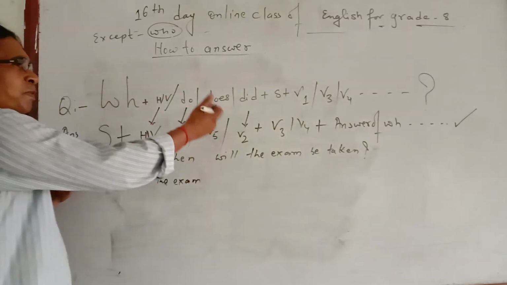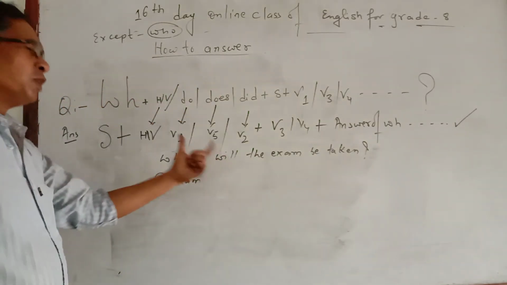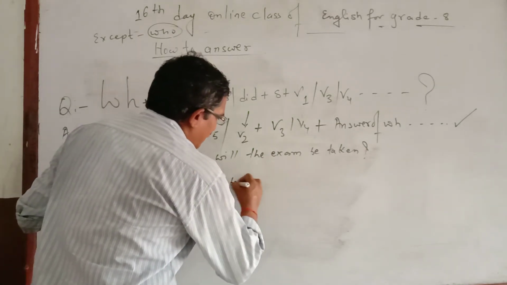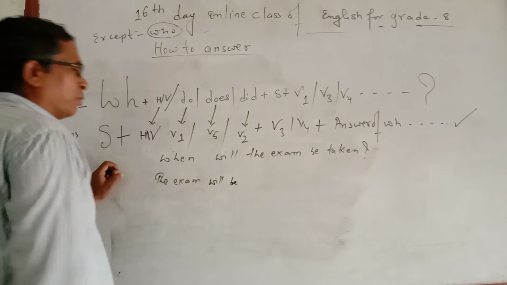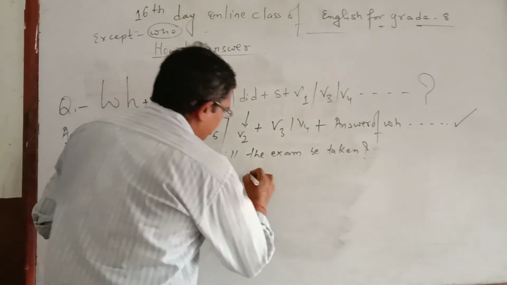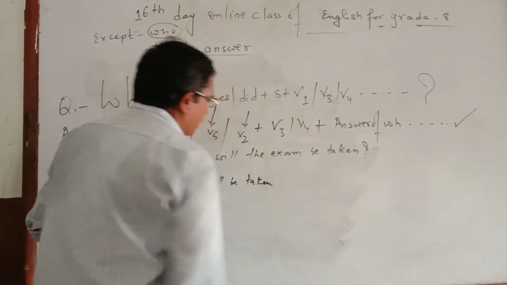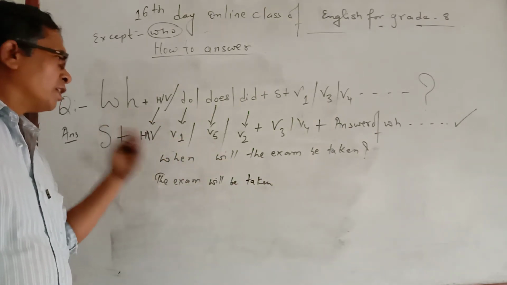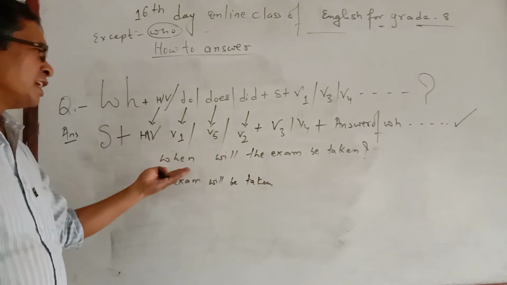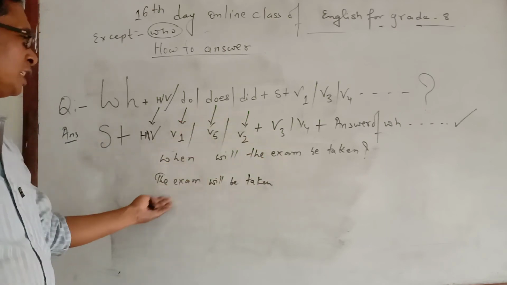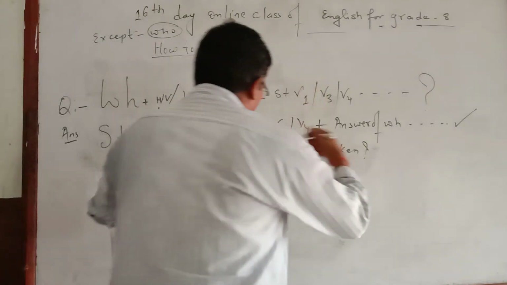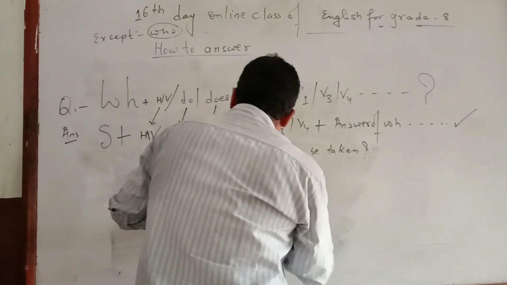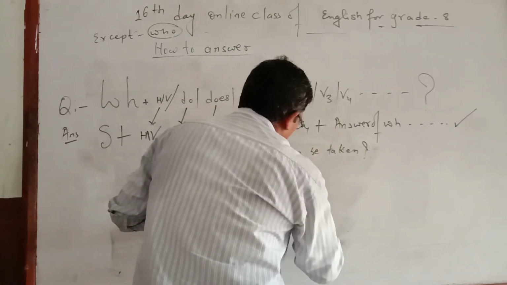After that, which helping verb is here? As you see, will. The exam will, and then there is be and verb 3 both. I mean be is taken as verb 1, no matter. The exam will be taken. After that, the answer of the given WH. So here is the word WH. When means kahile, you need the time. So the exam will be taken either tomorrow or the day after tomorrow, or you may write one date also. The exam will be taken tomorrow.